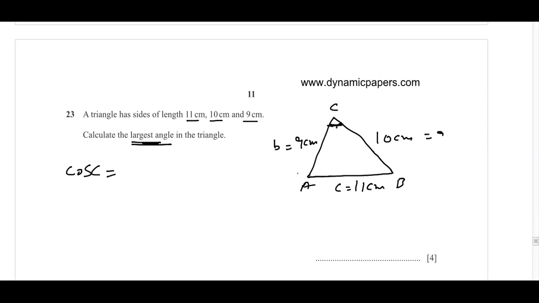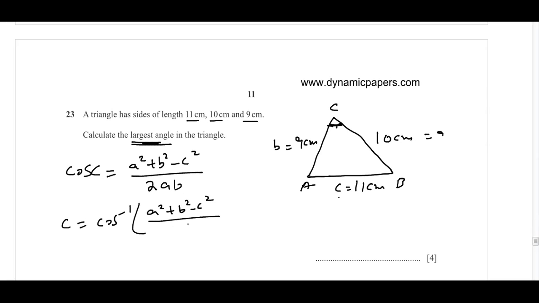Cos of C will be a squared plus b squared minus c squared over 2ab. So angle C will be cos inverse of (a squared plus b squared minus c squared) over 2ab.